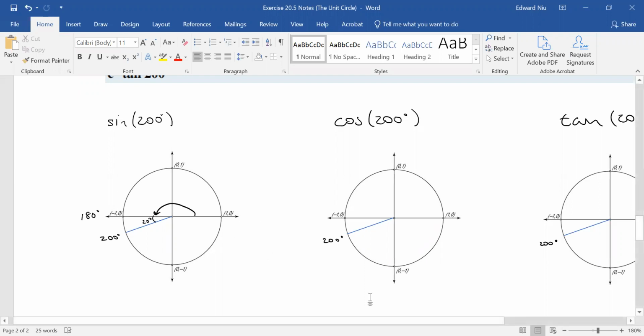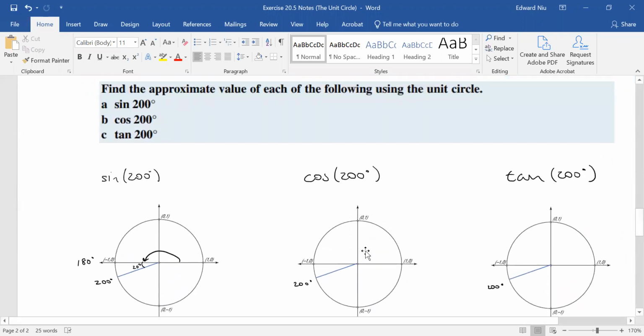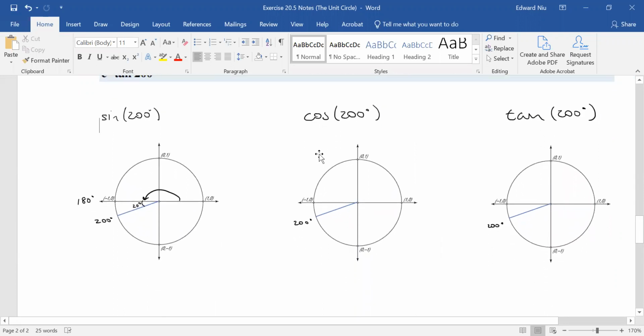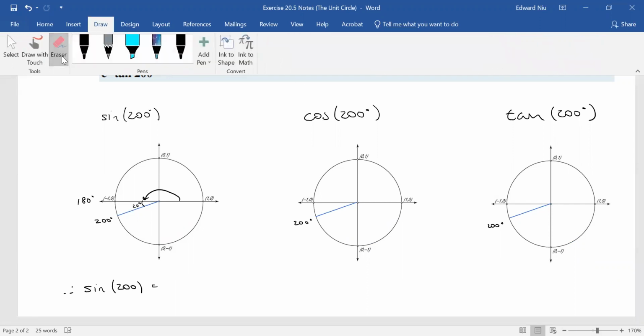Hopefully the zoom isn't too irritating. It says find the approximate value. All you have to do is use your calculator, but if you want to use the true ratios, this here would be sine 200. Actually, let's use 20. So I'll show you the CAST method.